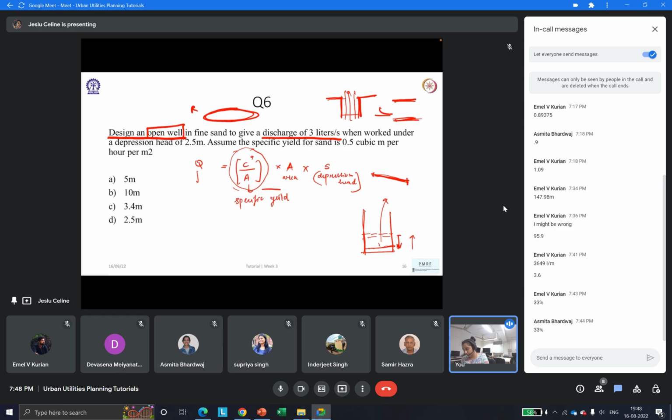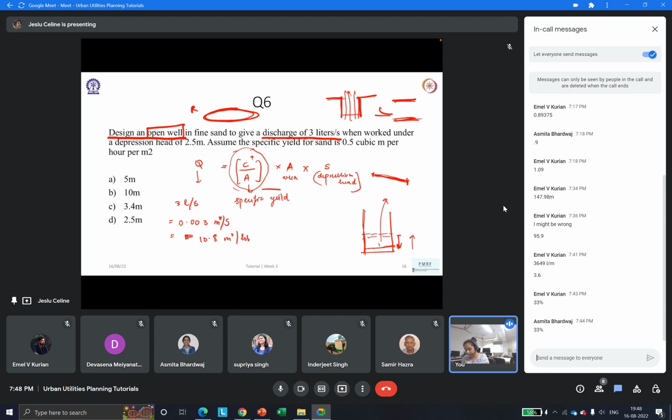Q we already know, which is 3 liters per second. I'm converting it to 0.03 meter cube per second, and we need it in hours, so let's multiply by 3600. That comes up to 10.8 meter cube per hour.